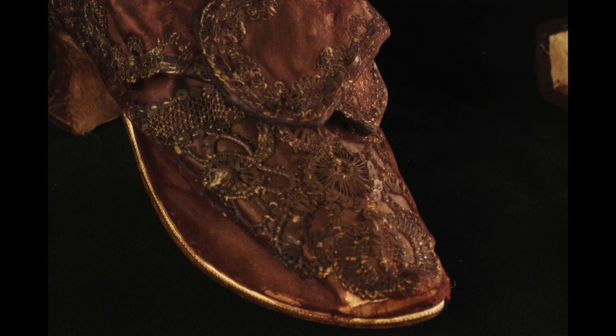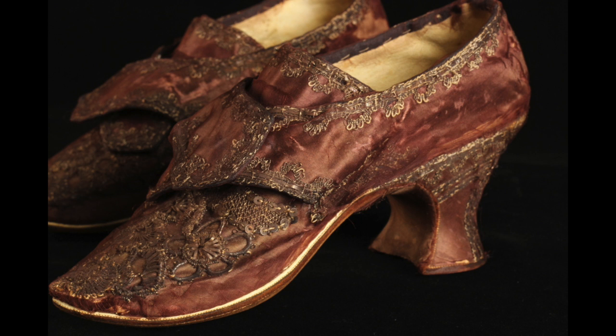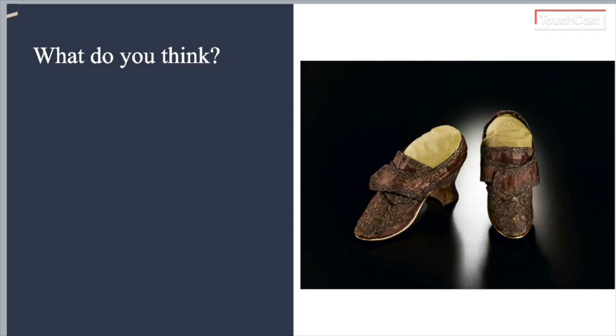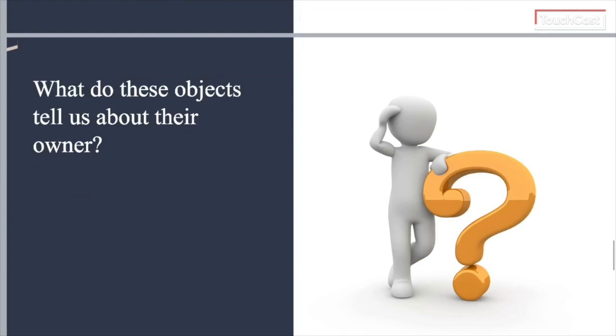They're probably worn by someone who didn't do a lot of manual labor because, again, the height and the construction of those shoes wouldn't really be conducive to someone who has to be on their feet all day and walking around a lot. So those are some of just the basic suggestions of what your students might come up with. They could go into a whole lot more detail, hopefully, but just for the purposes of running through this exercise, those are a couple quick suggestions.